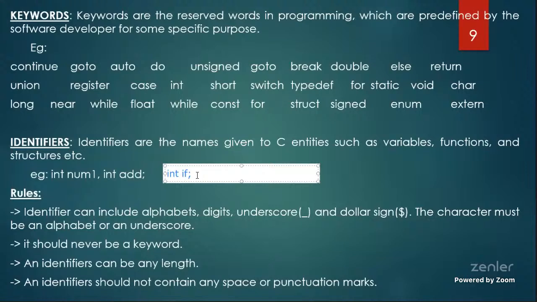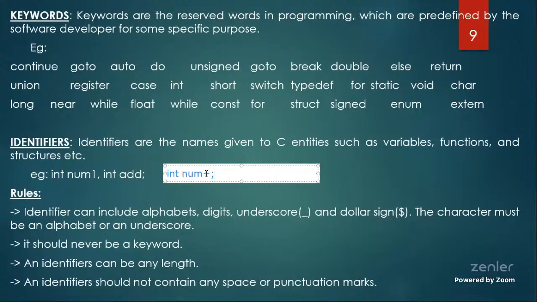Got it? Now the next rule: an identifier can be of any length. You can enter a variable name of any length. And the next one: an identifier should not contain any space or punctuation mark. For example, if I enter int num plus, what happens if I enter plus over here?